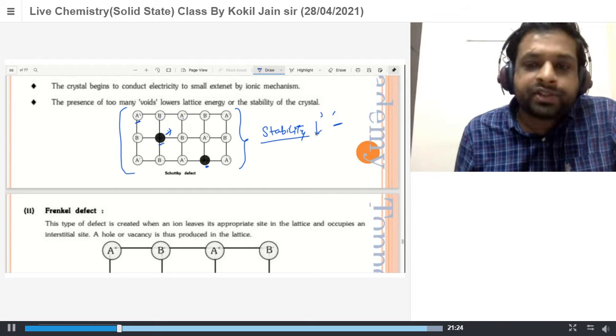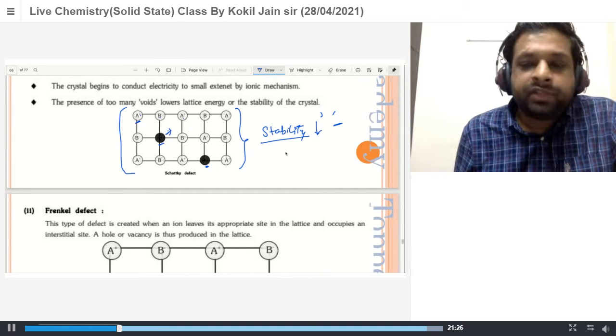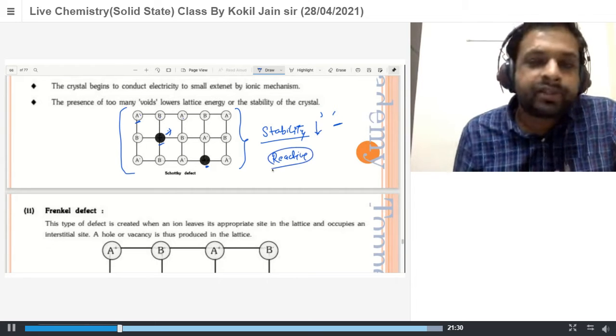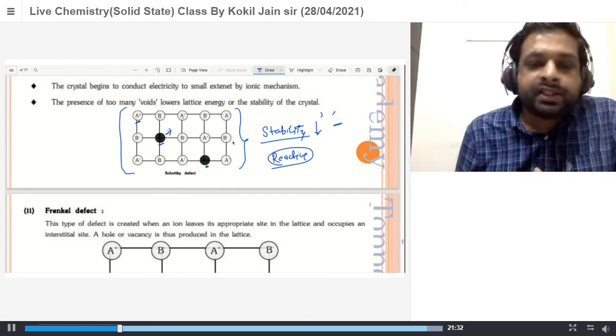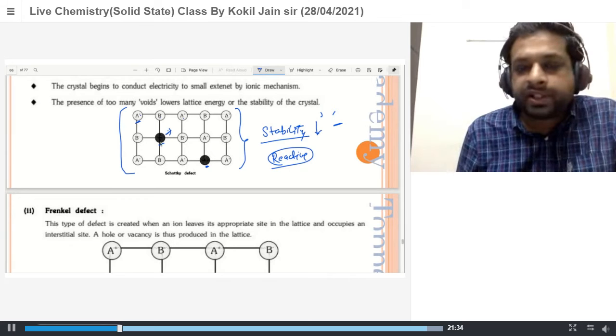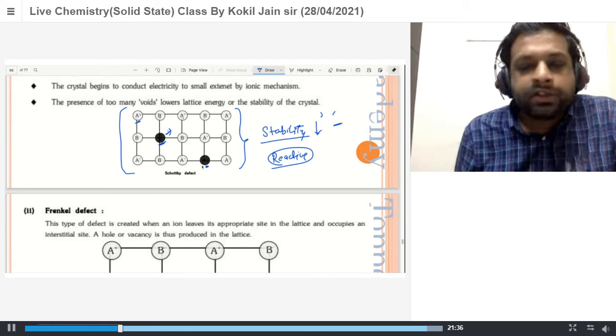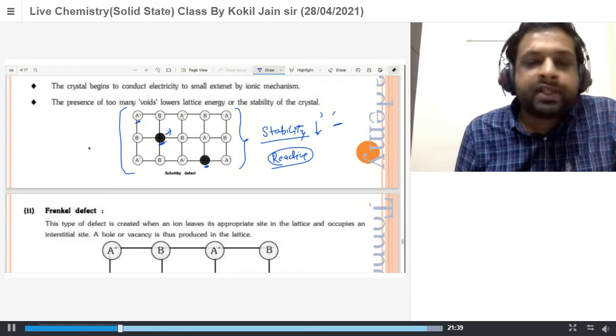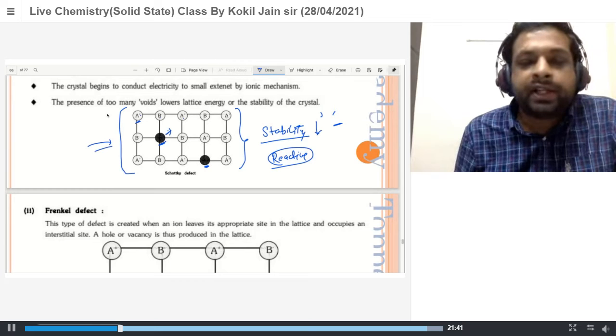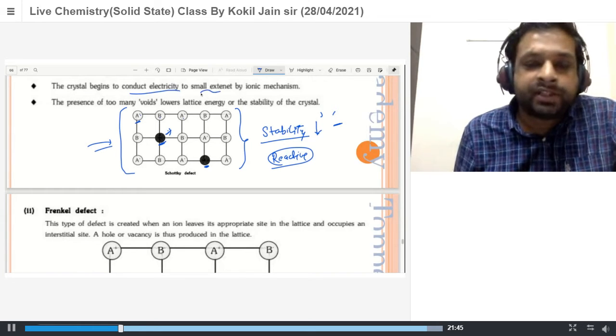It will become unstable, so it will become reactive also due to this defect. Second thing is if there are holes present, these kinds of solids will then start to conduct electricity also to a small extent by ionic mechanism.